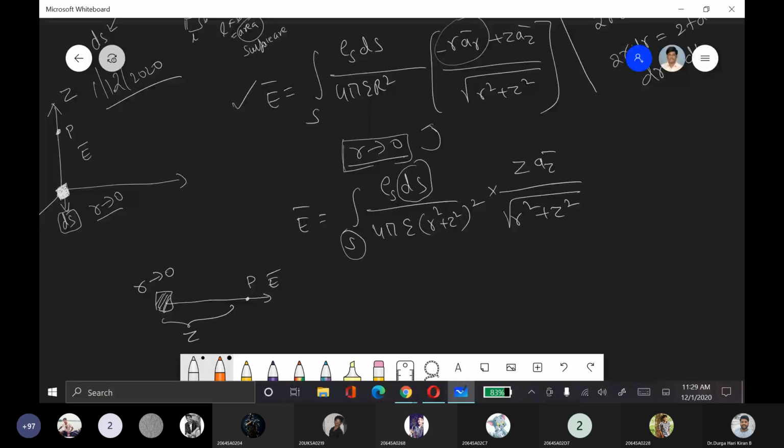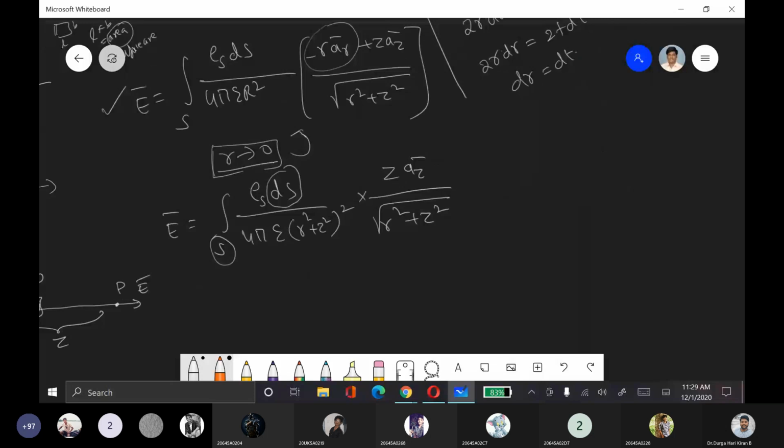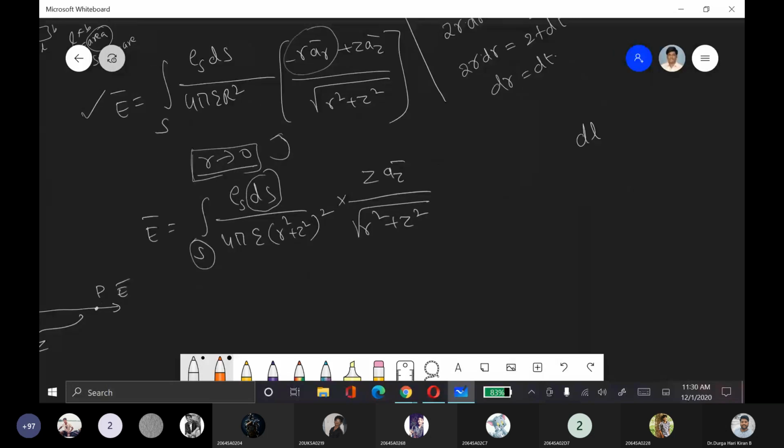Okay, so what is the ds value? It is of the form of the part which is considered on the simple z axis, something like this. While discussing Cartesian coordinates and those things, we have seen dl, ds, dv.